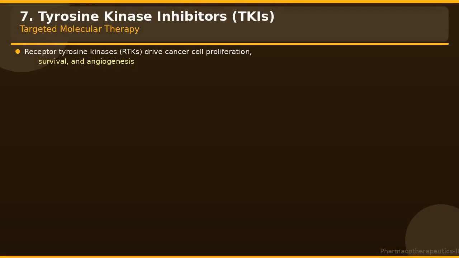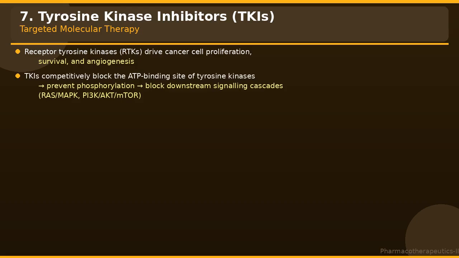The seventh class is tyrosine kinase inhibitors, or TKIs, a cornerstone of modern targeted cancer therapy. Receptor tyrosine kinases are cell surface signaling proteins that, when mutated or overexpressed in cancer, drive uncontrolled cell proliferation, survival, and angiogenesis.